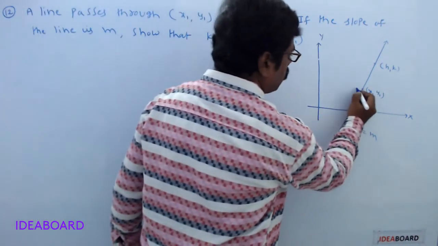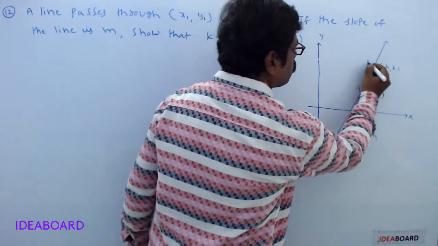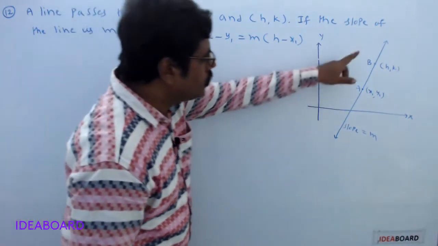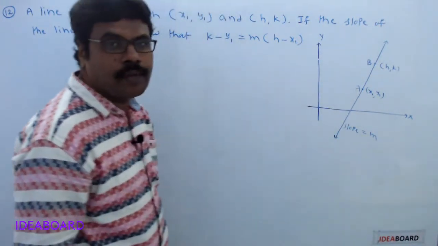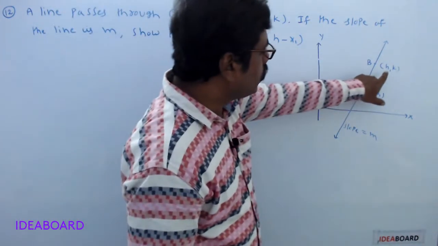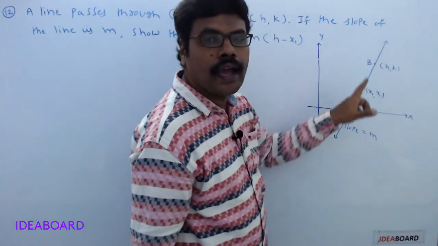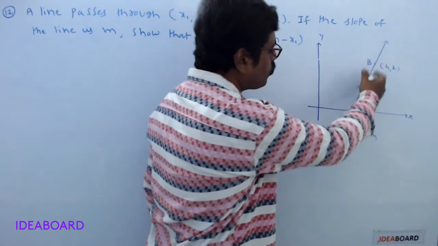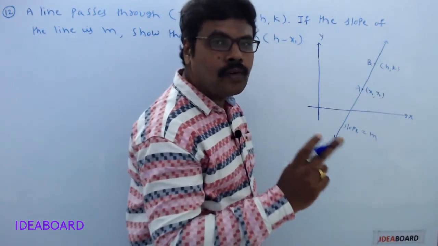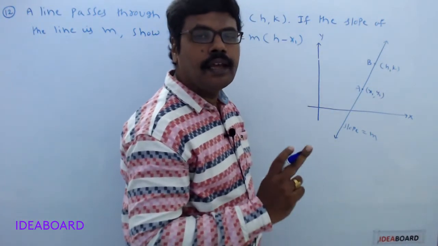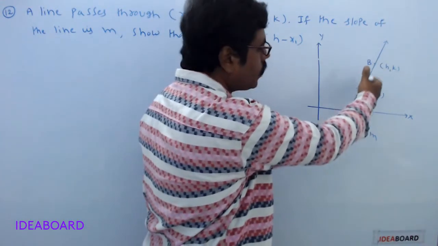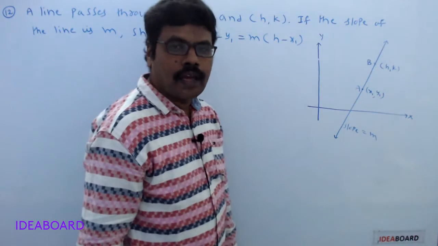Now denote this point with A and this point with B. First calculate the slope of the line AB. If you consider this h, k as x2, y2, then slope of line AB is y2 minus y1 divided by x2 minus x1. So use that formula to calculate the slope of line AB.